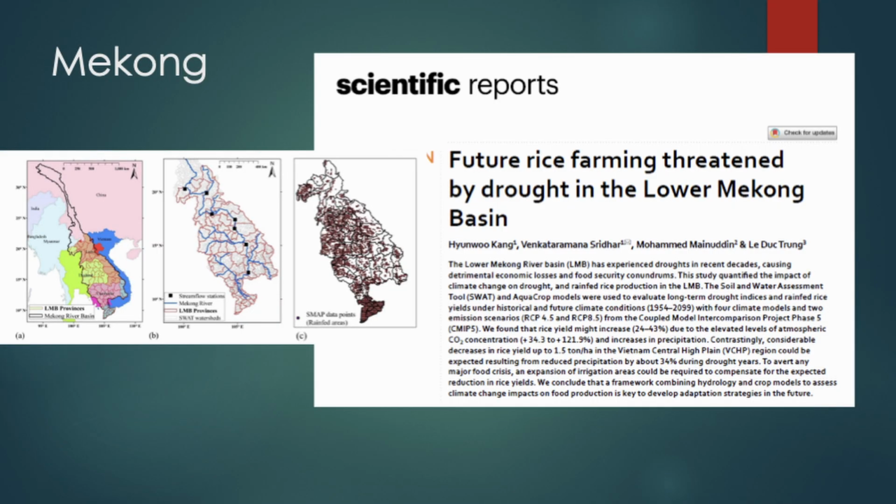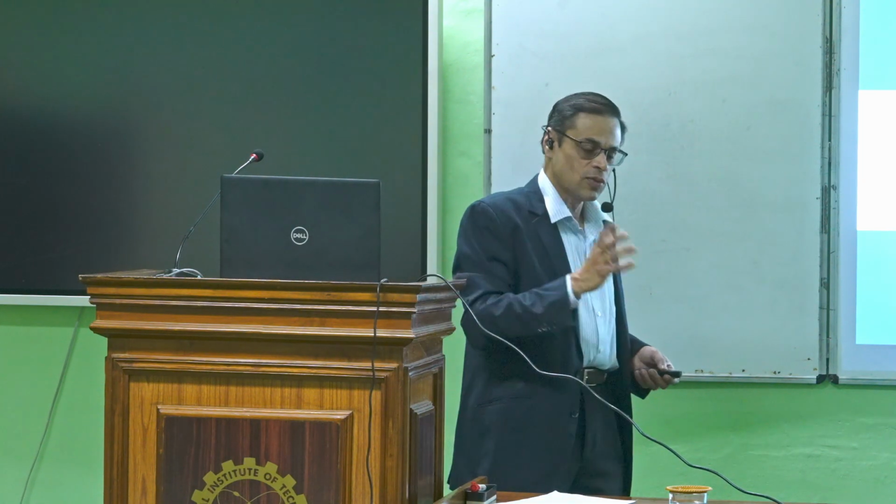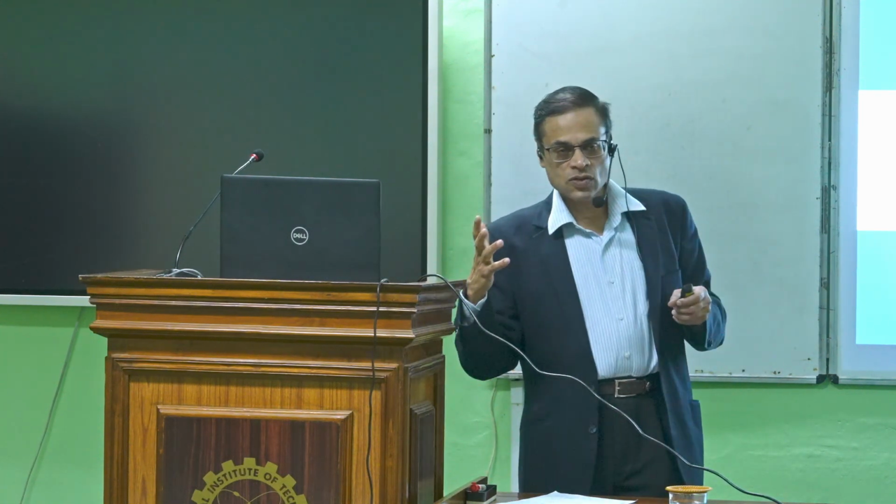The next work we did was looking at relating drought to food production. That's an important part we need to understand. We talk about drought relating to drinking water supplies, to irrigation, whatnot, everything matters. But food security is the dimension that people are thinking of right now.